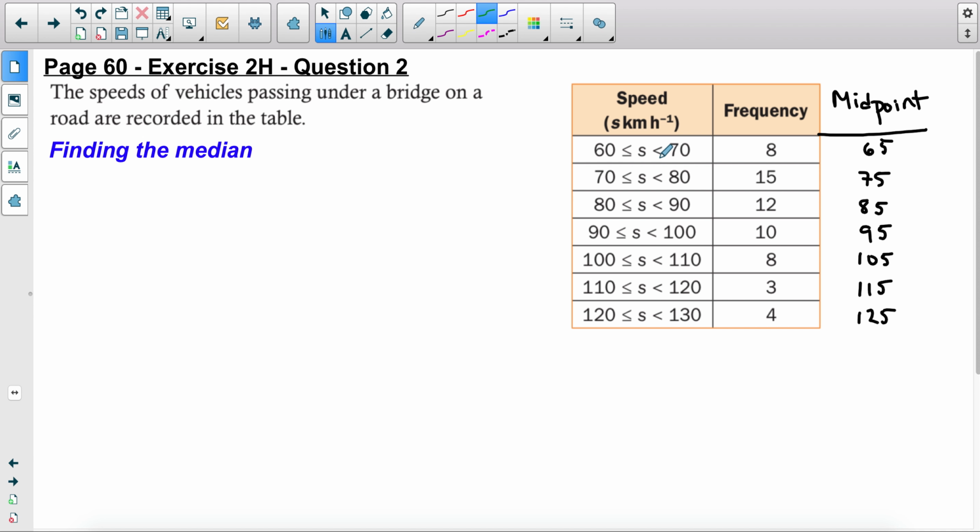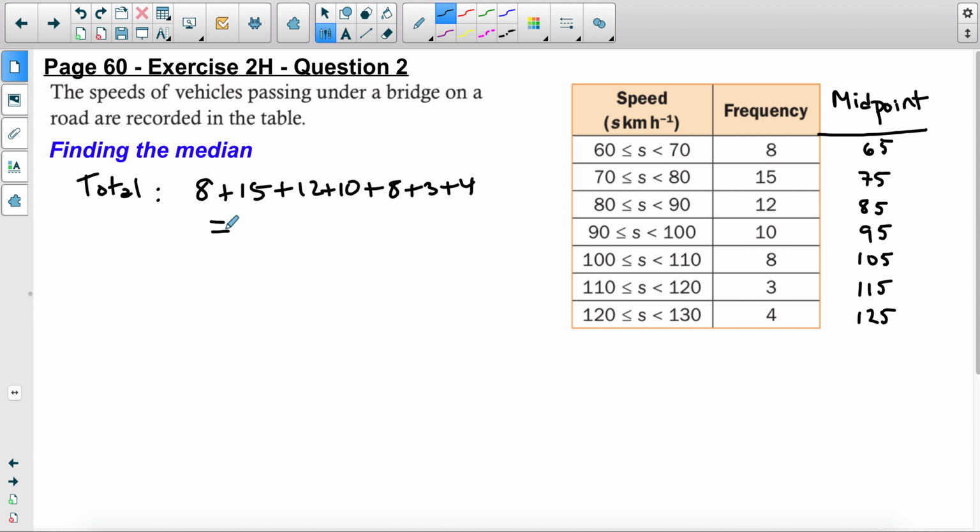Now, as we mentioned before, in order to know our median, which is our middle value, we need to know how many pieces of data we have. So we need to find the total, which is done by adding all the frequencies, which is 8 plus 15 plus 12 plus 10 plus 8 plus 3 plus 4.